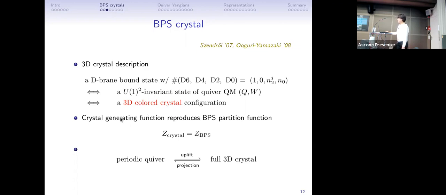The generating function of this crystal reproduces your BPS partition function. If you start with this periodic quiver and do a particular uplift, you can obtain the entire 3D crystal, and in the other direction, when you project this 3D crystal, you reproduce your periodic quiver.